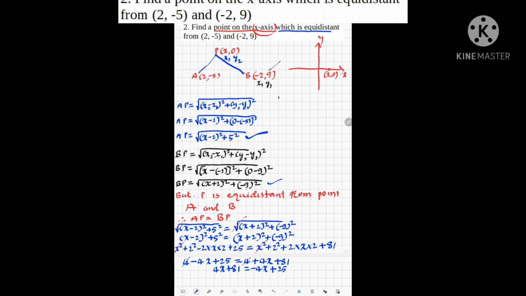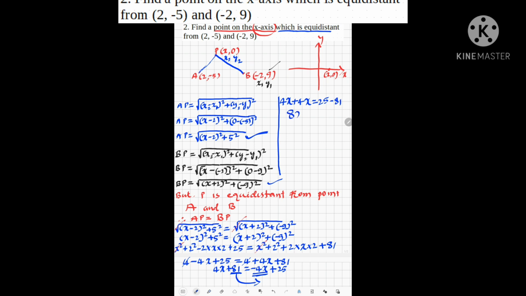Now what we do here, the remaining is 4x. Can you transpose it? Here is a minus 4x. Transpose it to the LHS side, it will become plus 4x, is equal to 25. Transpose this 81, that means plus 81, it will become minus 81.